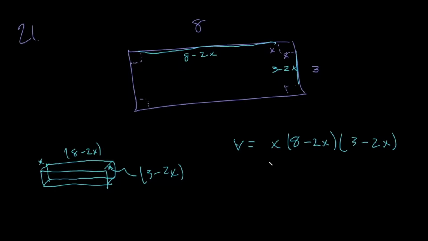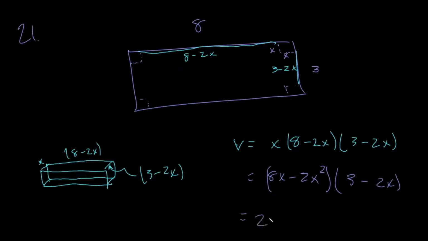I could differentiate this as it sits, but that would be pretty problematic. It would be triple product rule. So I'm just going to go ahead and distribute before I differentiate. This would be (8x minus 2x squared) times (3 minus 2x), and I just need to FOIL.